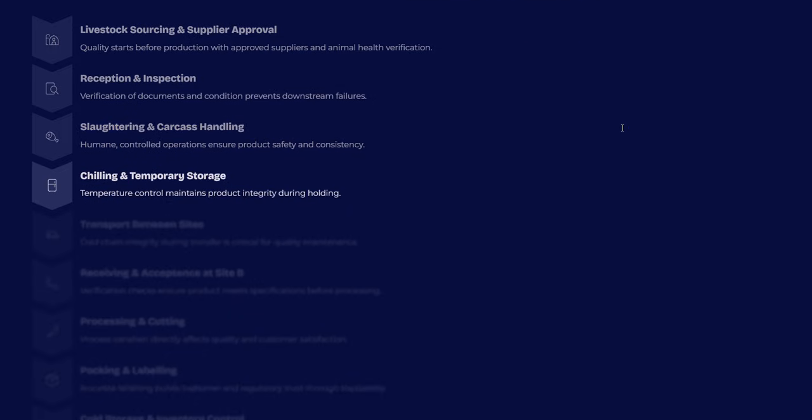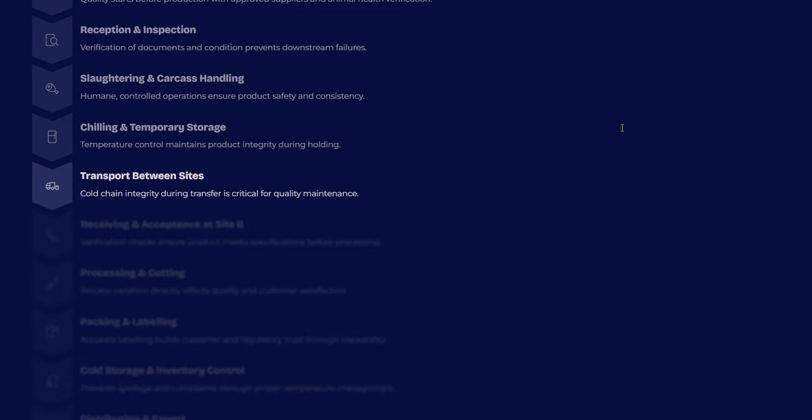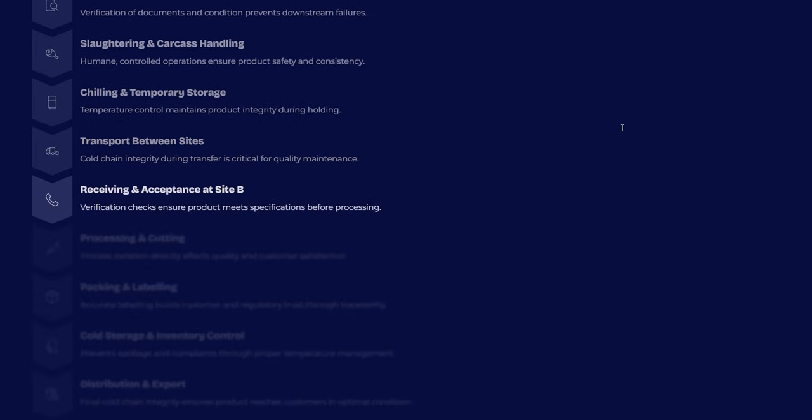In this step here, which is chilling and temperature storage, we have temperature control maintenance to maintain product integrity during handling. The next step, which is transport between two sites, cold chain integrity here during transfer is critical for quality maintenance.